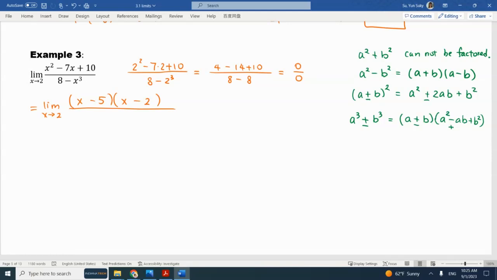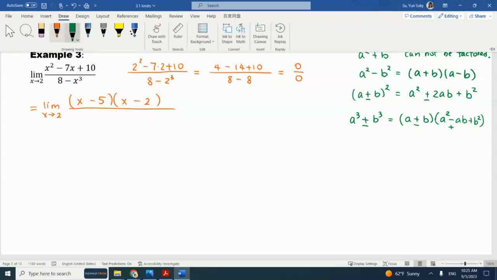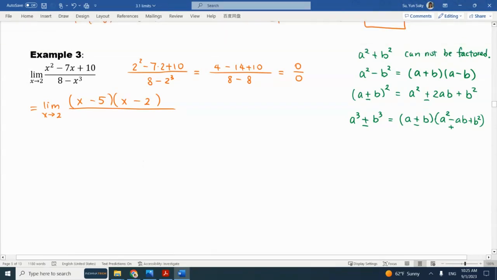Okay. So in this case, 8 is what cube? 8 is like 2 cubed, right, everybody? So 2 cubed minus x cubed. We use the minus formula, with a like the 2 and b like the x. Do you agree, everybody? So we plug in: a is 2, b is x.